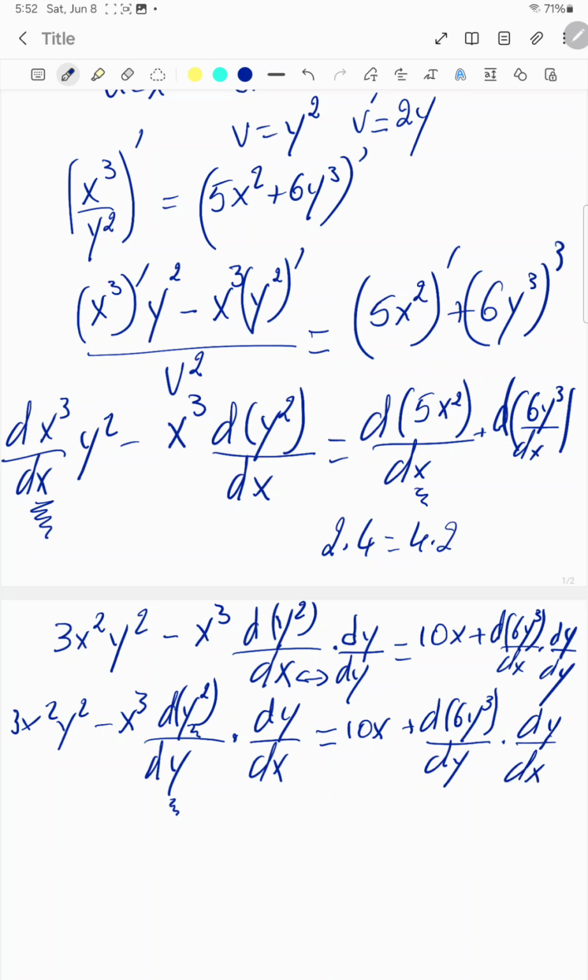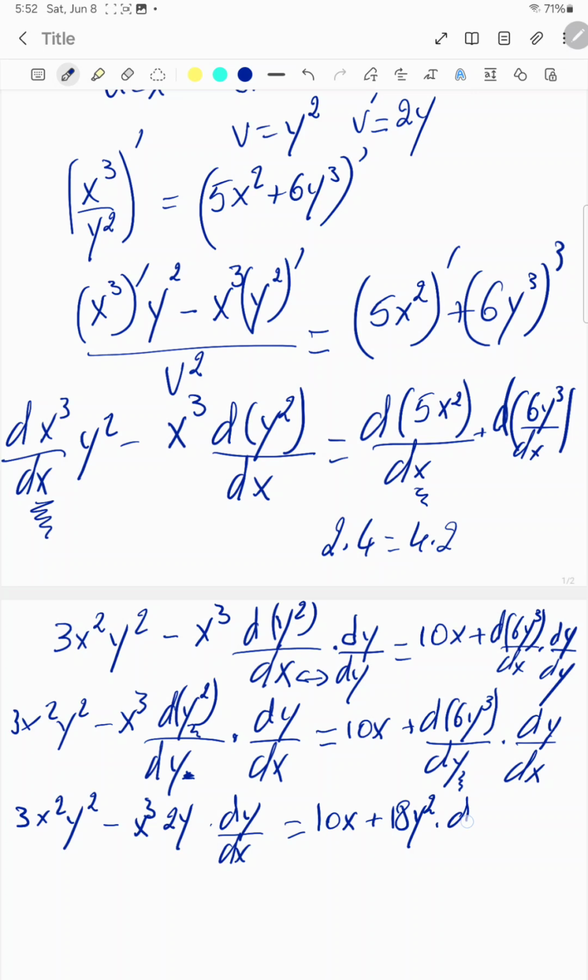And now let's do the derivative according to y. It becomes 3x squared y squared minus x cubed times 2y, because I'm deriving according to my y here, times dy divided by dx, equal 10x, and deriving according to y, plus 3 times 6 is 18y squared times dy divided by dx. Now I want to keep anything that has dy divided by dx on the left hand side of my equality.